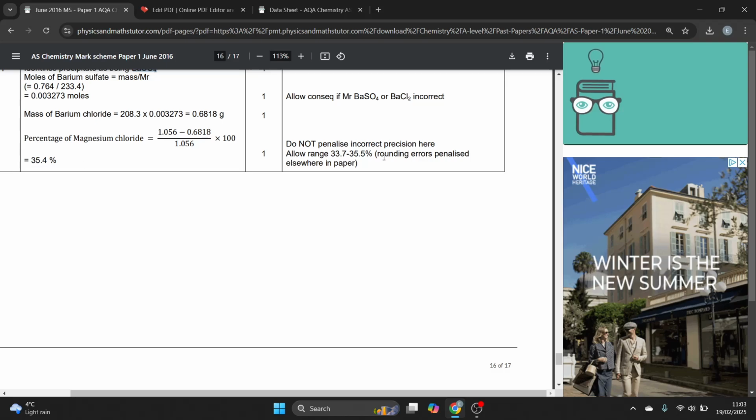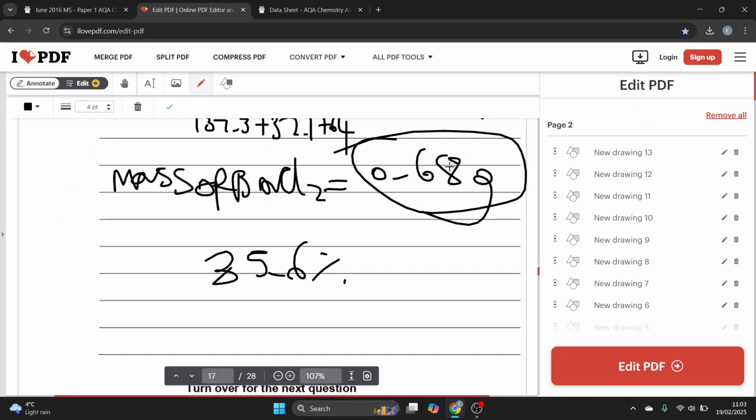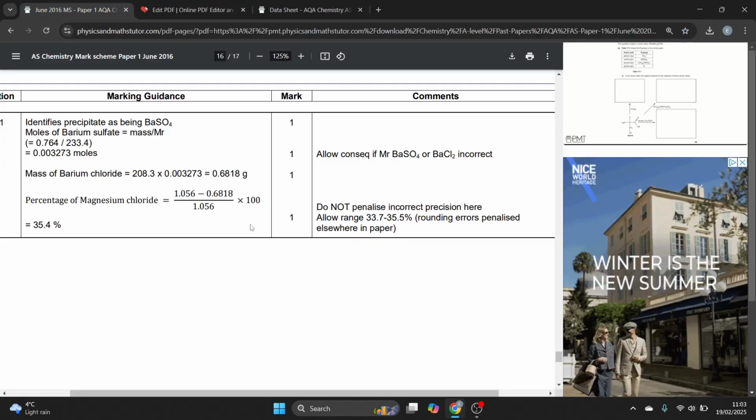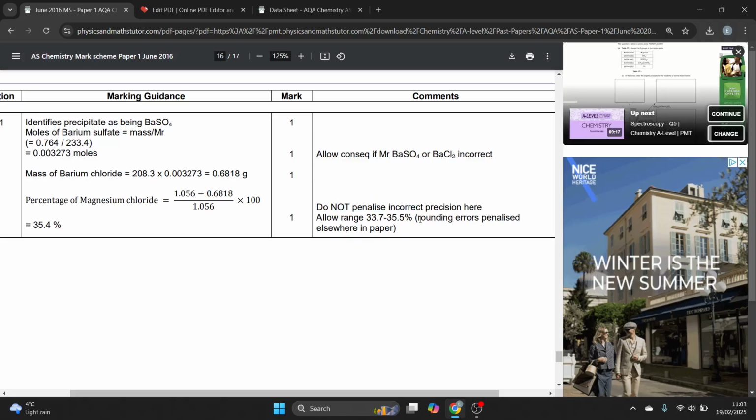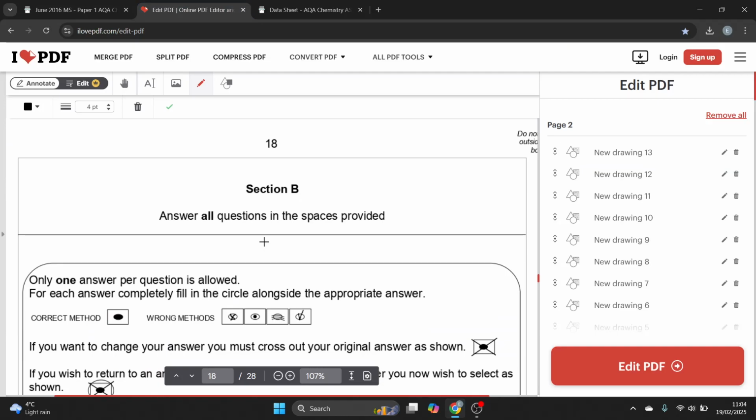But the mark scheme allows 33.7 to 35.5. I got 35.6. Alright, I did get 0.6818 grams, but I just rounded it to 0.68 grams, and that's a mistake. You shouldn't round it, because then you wouldn't be precisely accurate. But it says do not penalise incorrect precision here. I think I'd get the mark. So 35.5% there. And that's the end of section A.